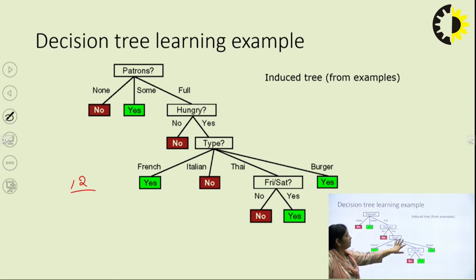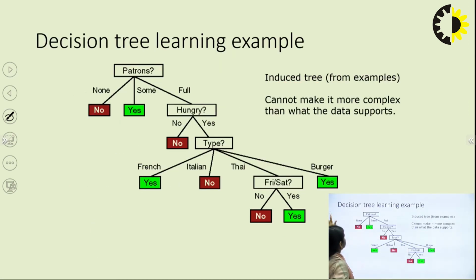So the decision tree is induced according to the data given in the examples. We cannot make it more complex than what the data supports. How much data is given? That is 12 instances. So it has been induced according to that.